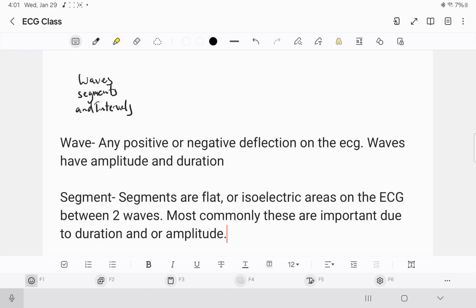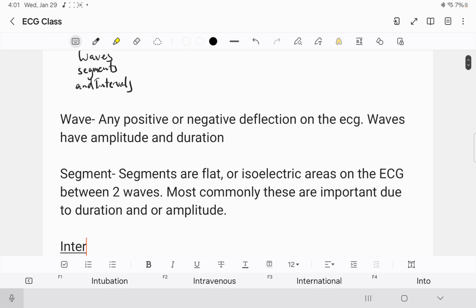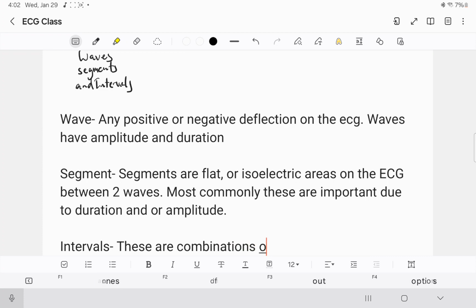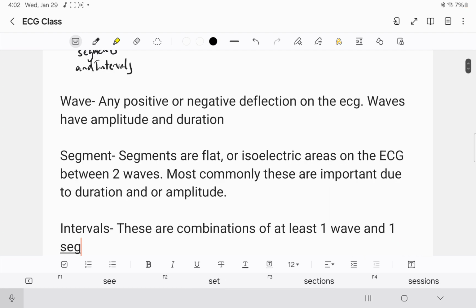All right, and then intervals, these are combinations of at least one wave and one segment. Right?